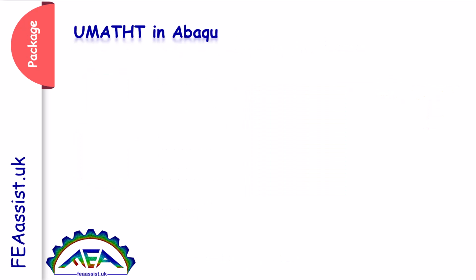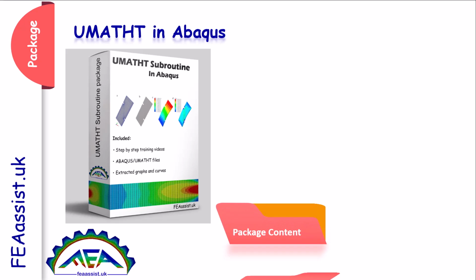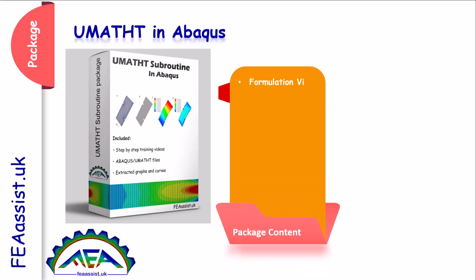We have actually prepared for you a training package, a tutorial package, a UMATHT subroutine in Abaqus package. In this package, first we explain the formulation, the heat transfer formulation. Then we explain the UMATHT variables, the inputs and the outputs in the video.